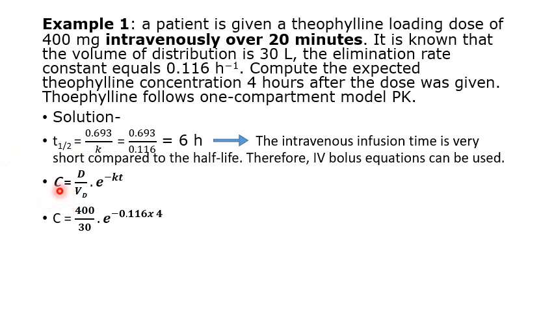Plasma concentration at any time, we have the dose here, which is 40 milligrams, and we have the volume of distribution, which is 30 liters, and we have the elimination rate constant, and the time which is required here in the question, which is 4 hours, and the result will be 8.38 milligrams per liter.